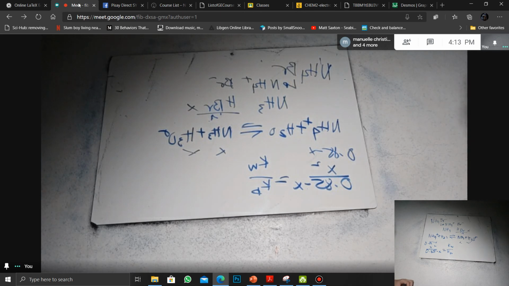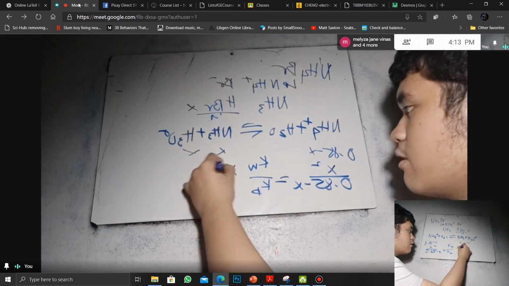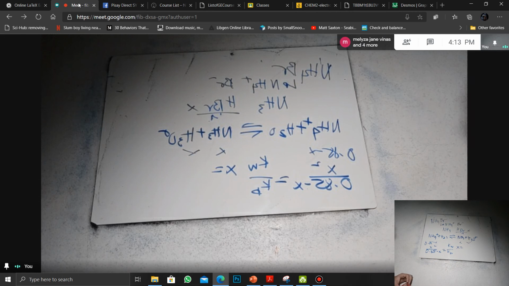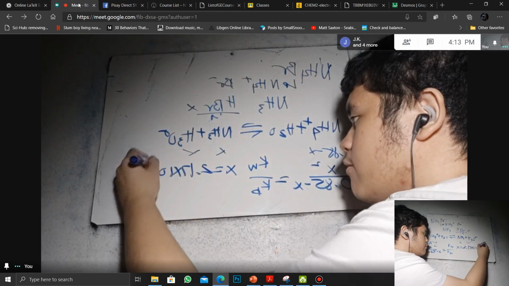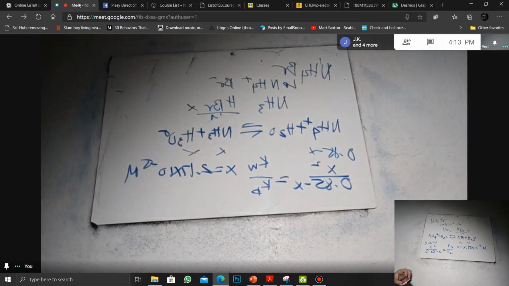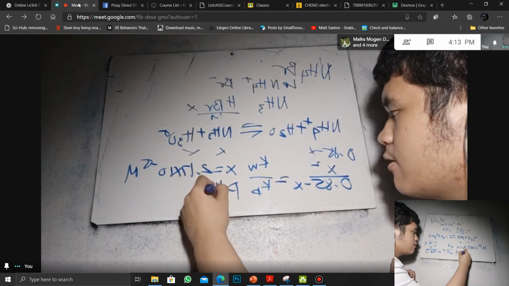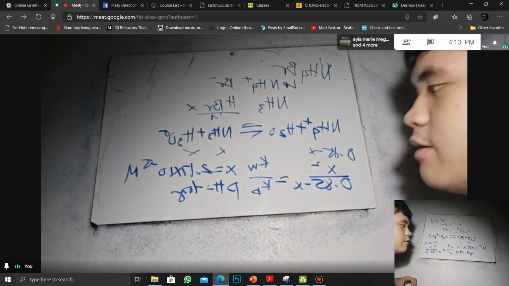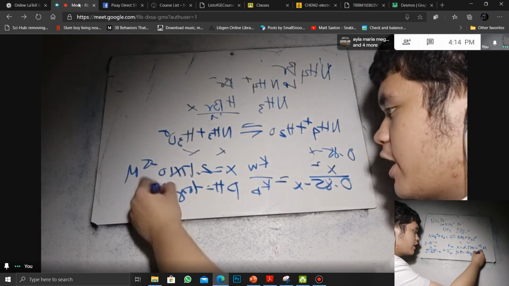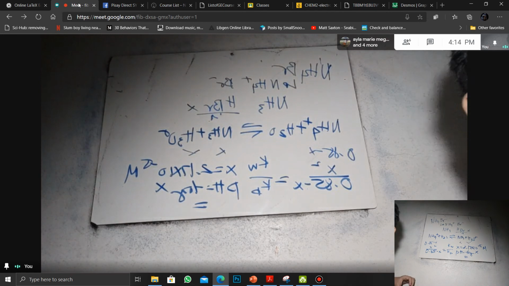So, X, solving, X equals to 2.17 times 10 to the negative 5 molar, no? So, dapat pH, negative log of H3O, negative log X, equals to 4.66.